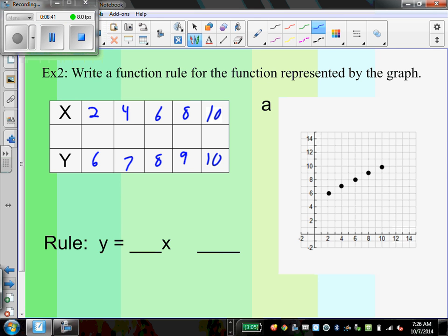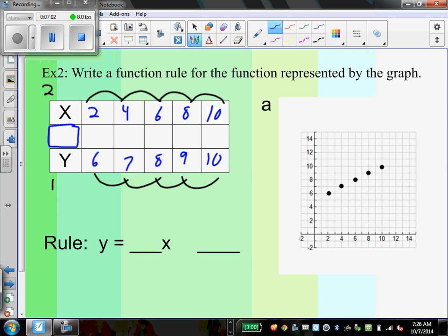We need to figure out what we're going to put here, how our x is changing. So let's start that process. We can see that our x values are jumping by 2. And we can see that our y values are jumping by 1.